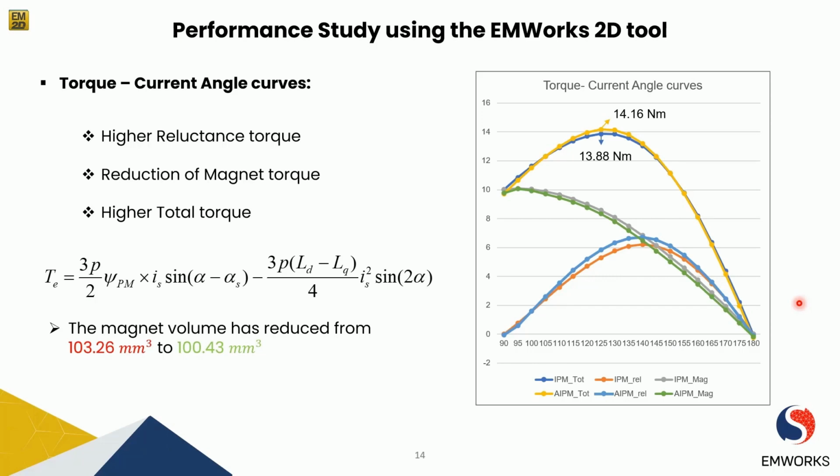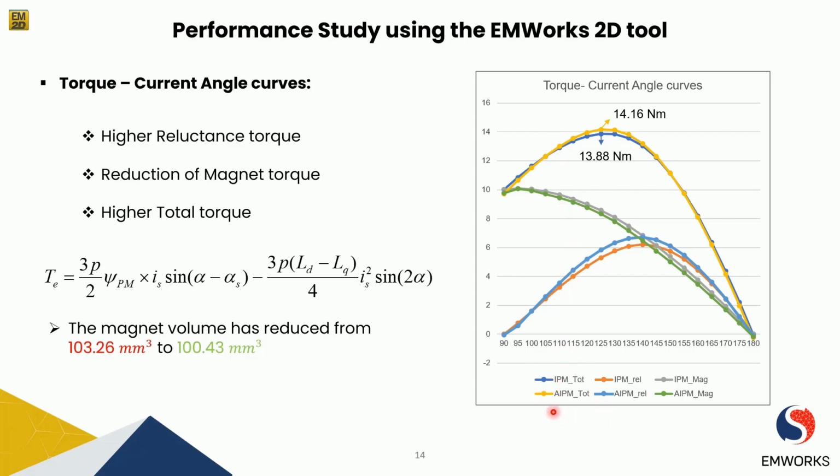The first target that we were talking about, which is very important to analyze, as I mentioned earlier, is the torque current angle curves. And as you can see here, we have 6 curves. 3 of them represent the characteristics of the IPM machine. The blue one here, where the peak is 13.88, is the total torque at the MTPA operation of the conventional IPM machine.